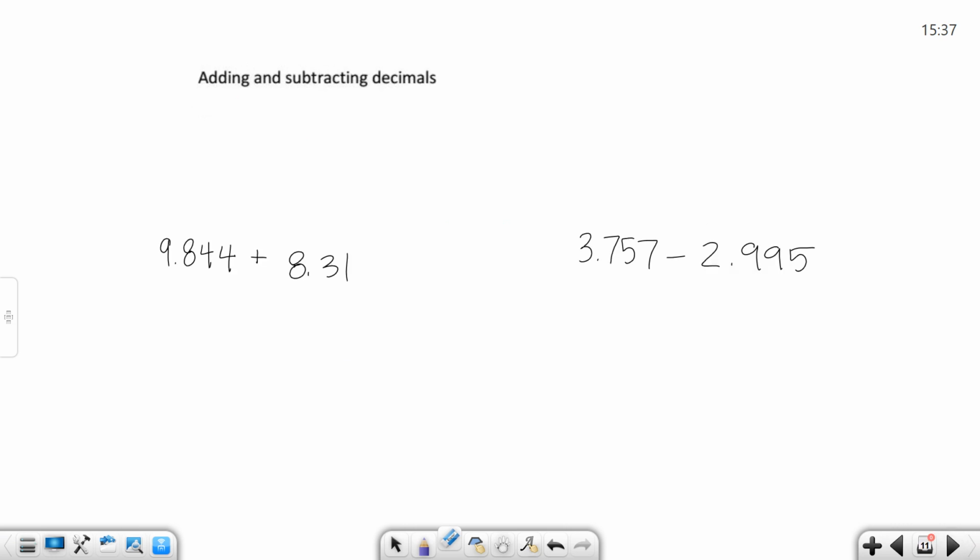Okay, and so then they add or subtract. Now, what you have to know about adding and subtracting decimals is that you have to line up your decimal places. So if I have 9.844 and I have 8.31, those two decimal places have to line up. Now I can put a 0 here to hold the place, but those two decimal places line up.